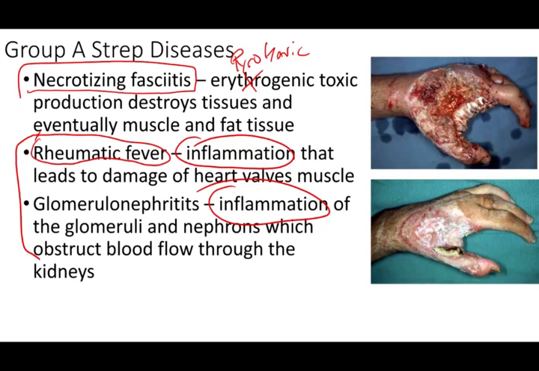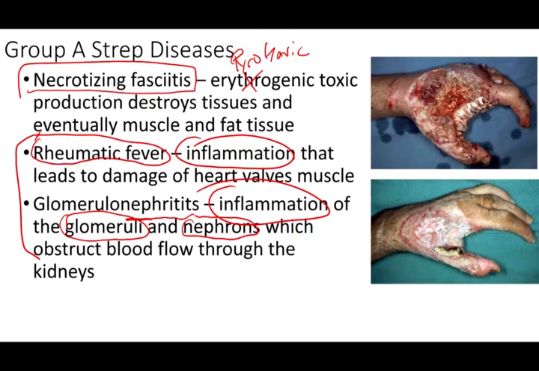Or you may also have some obstruction to flow in your kidneys. So this is glomerulonephritis. If you've taken anatomy and physiology, we know the nephron is the unit of filtration in the kidney, and the glomerulus is where the filtration actually is occurring. And so you can get inflammation and blocking of that, which can lead to some kidney issues as well.